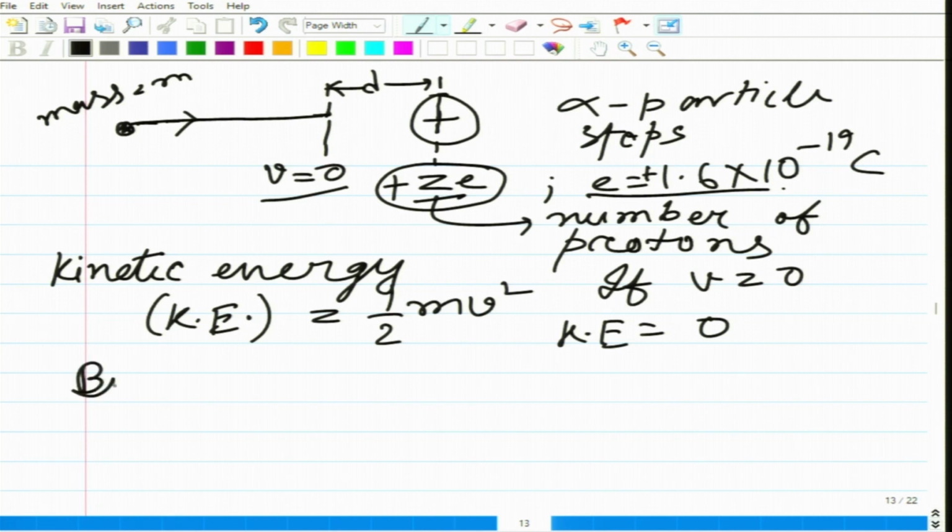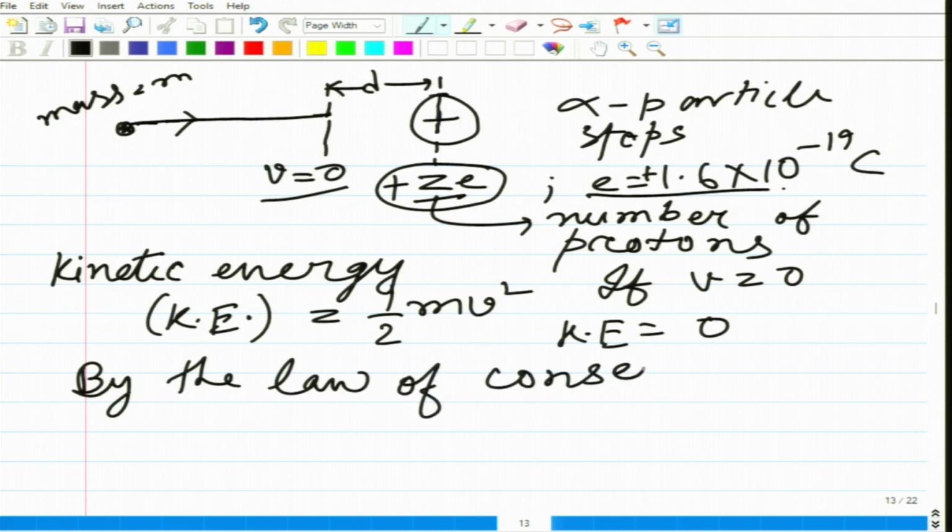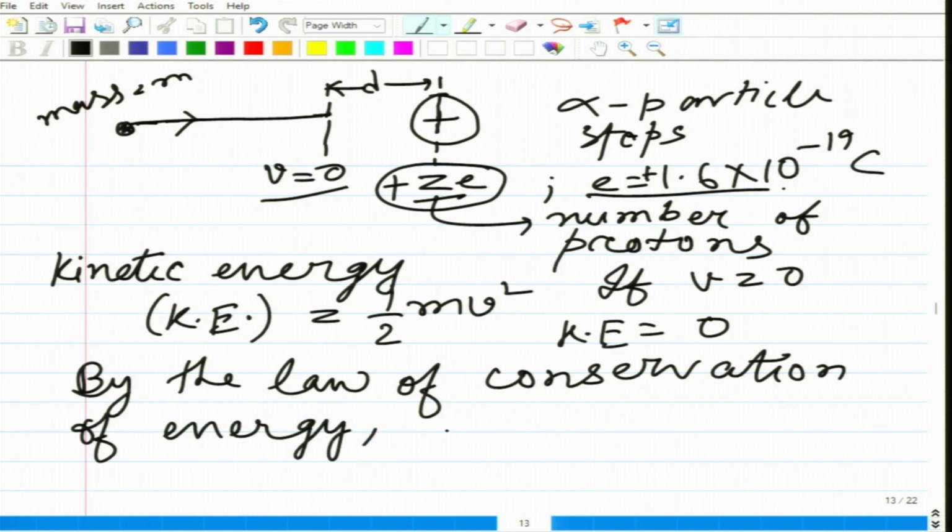But by the law of conservation of energy, we know that energy cannot be created nor destroyed. Energy can be converted from one form to another.